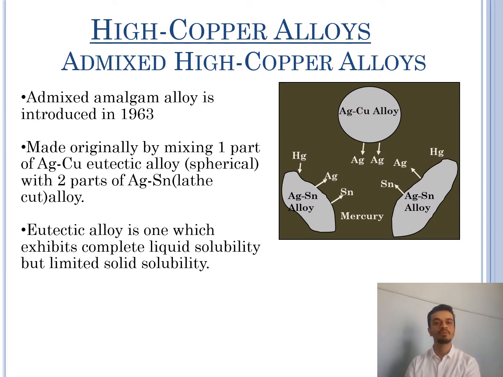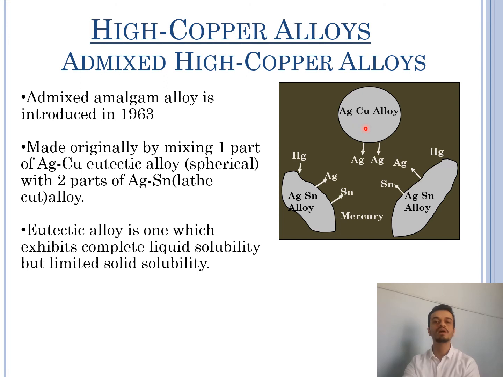Next we will see the high copper alloys, and first is the admixed high copper alloy. Admixed amalgam alloys were introduced in 1963. They were originally made by mixing 1 part of silver copper alloy, that is eutectic and spherical. Eutectic means exhibiting complete liquid solubility but limited solid solubility.